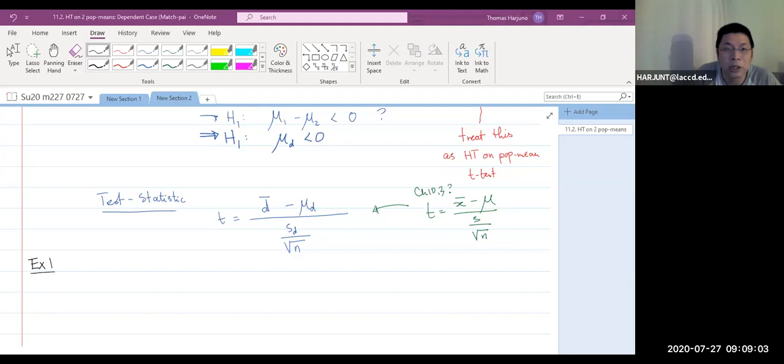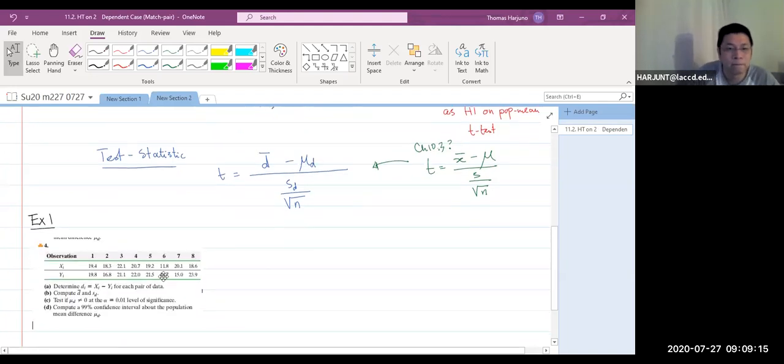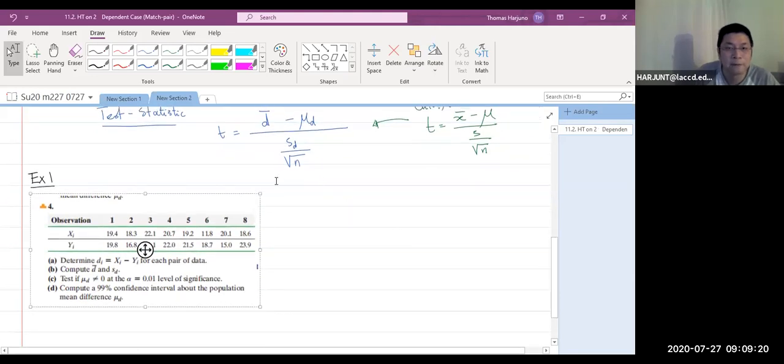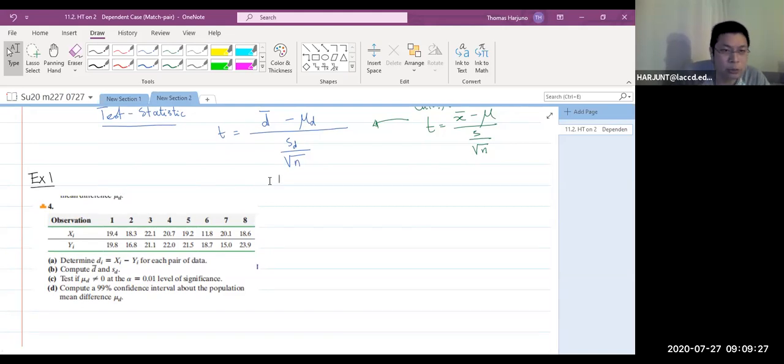So let me pick question number 4 from our textbook. Okay, so we have this thing here. Oh, that's part D, we can just do it also. Determine the d_i's, basically the difference from each pair of data, and they tell us to do x_i minus y_i.